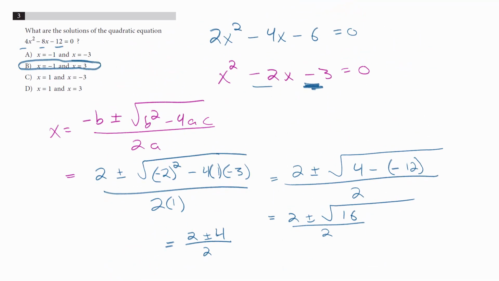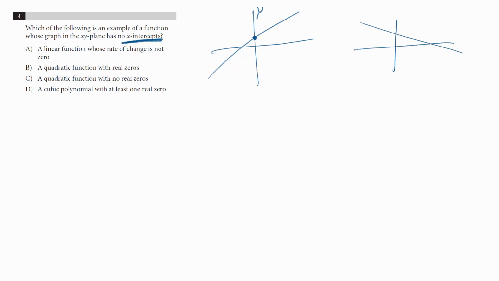which is option B. Number 4. Which of the following is an example of a function whose graph in the xy plane has no x-intercepts? We're familiar with the y-intercept of a line or a function being the point at which it crosses the y-axis, but an x-intercept is basically the same thing.